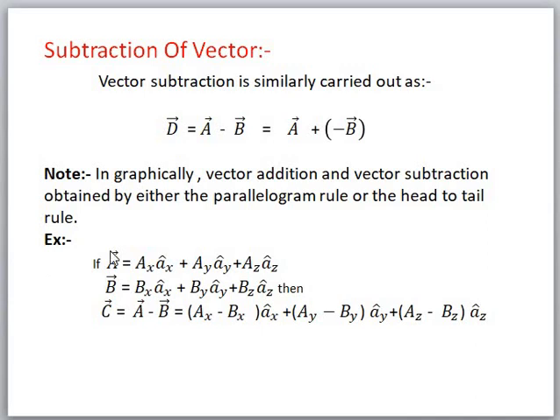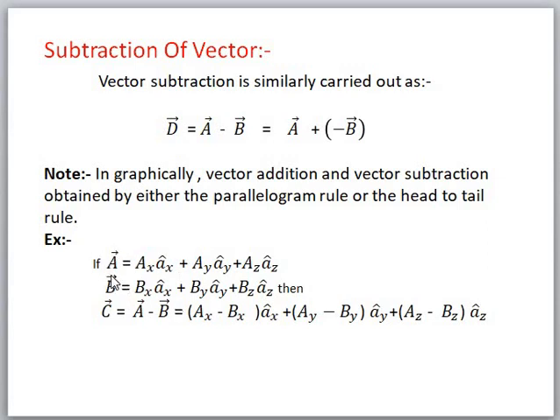For example, if given vector A is equal to Ax a_x cap plus Ay a_y cap plus Az a_z cap, and the next vector B is equal to Bx a_x cap plus By a_y cap plus Bz a_z cap.